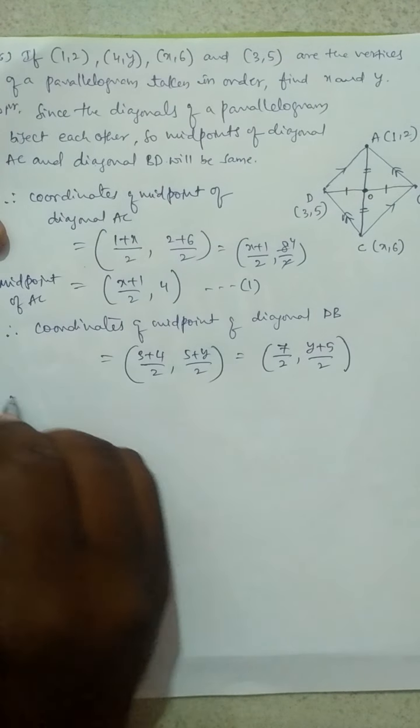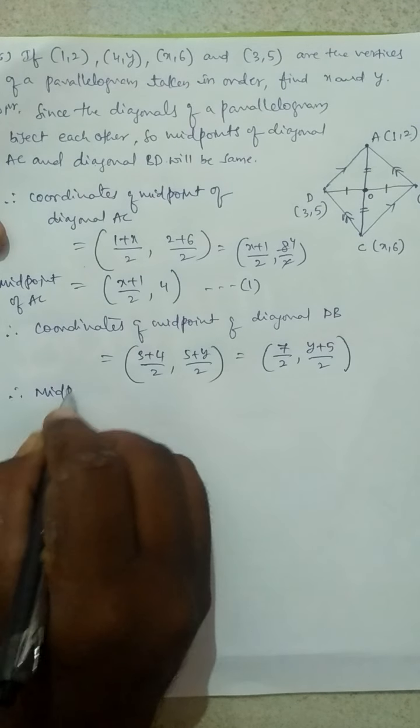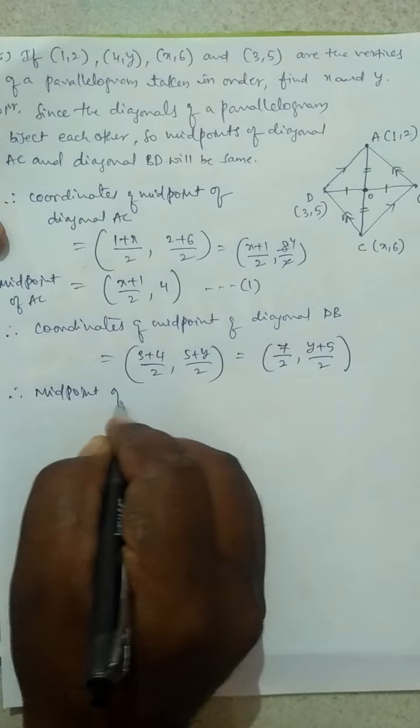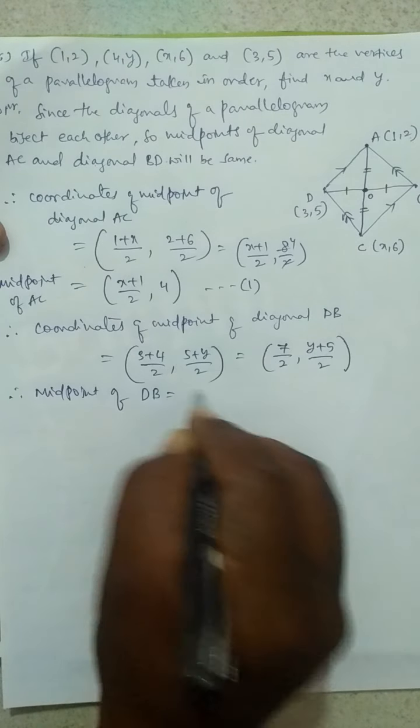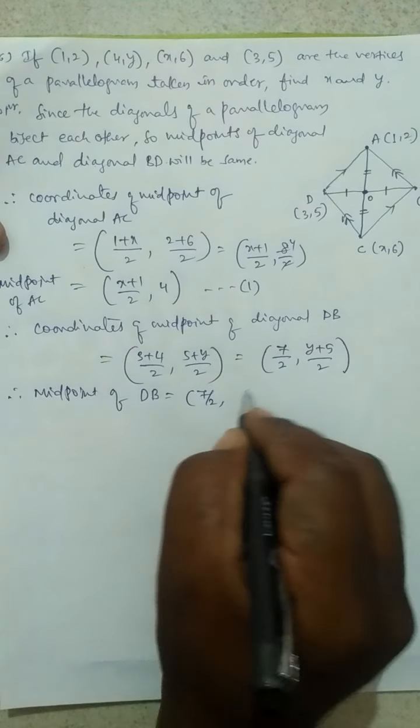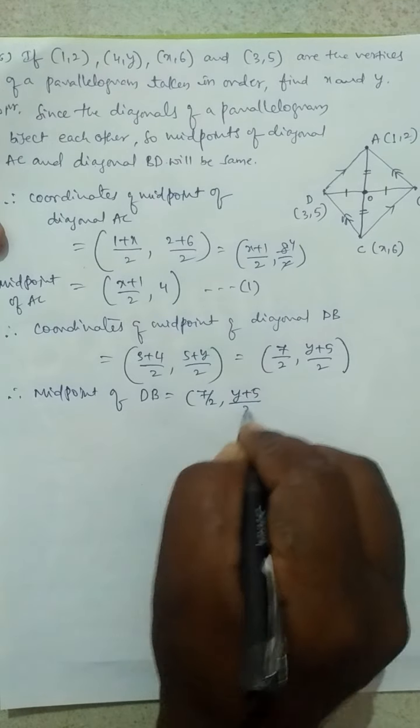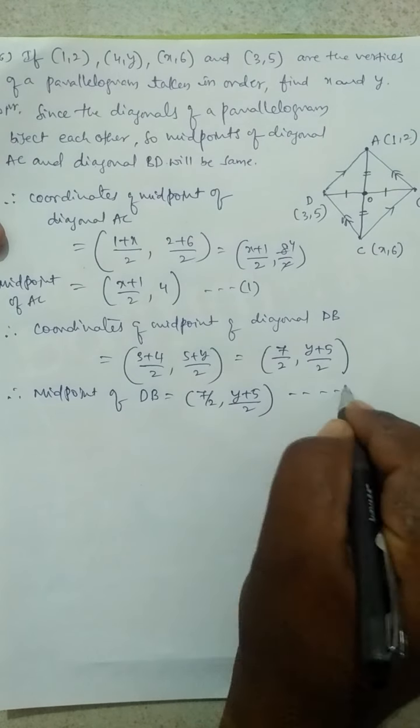Therefore the midpoint of DB is equal to 7/2 comma (y plus 5)/2. This one I call equation number 2.